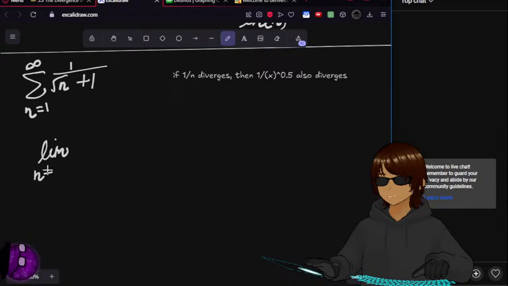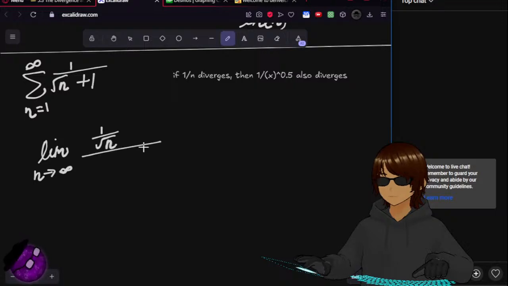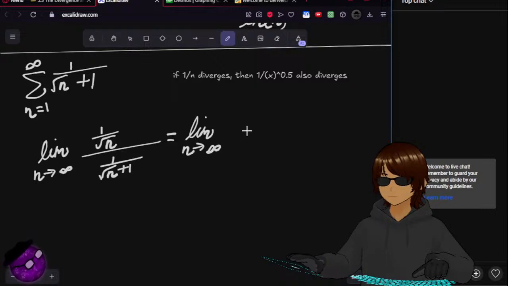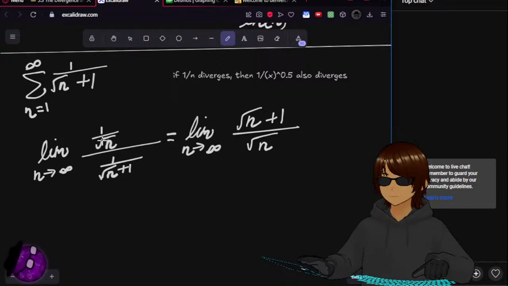The limit as n goes to infinity of 1 over root n plus 1 over 1 over root n. I'm assuming this is 1, right? Divided by root n, divided by root n.